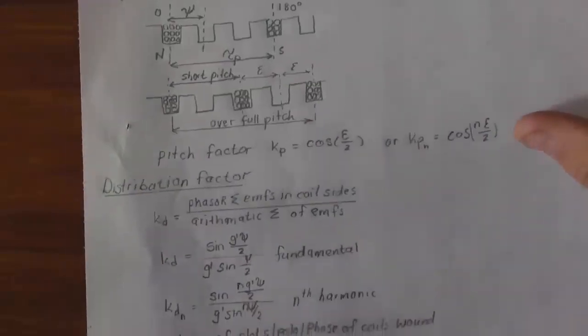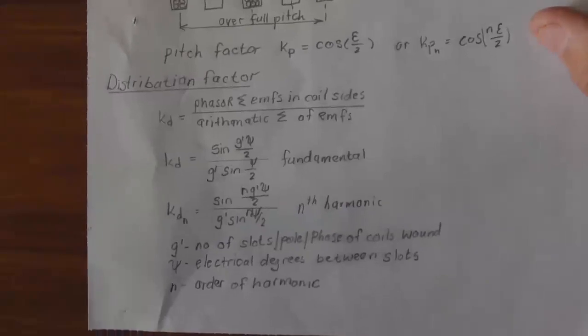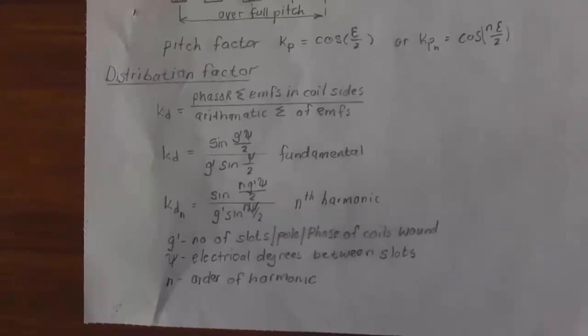That brings us to the distribution factor. Kd is the phase sum of the EMF in coil sides divided by the arithmetic sum of the EMFs. So Kd is sine G dash psi over 2 over G dash sine psi over 2. That is for the fundamental.